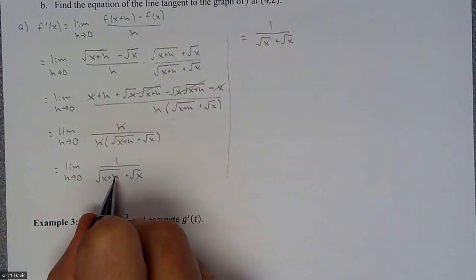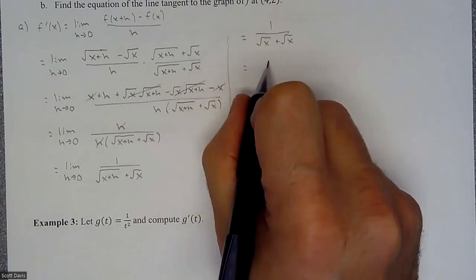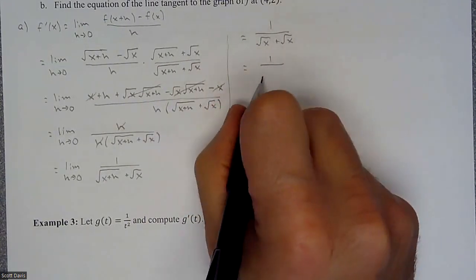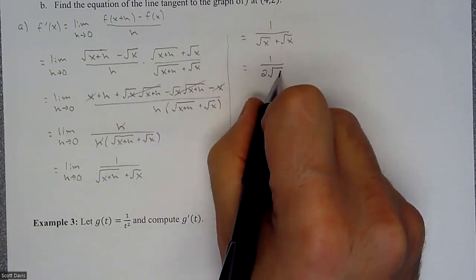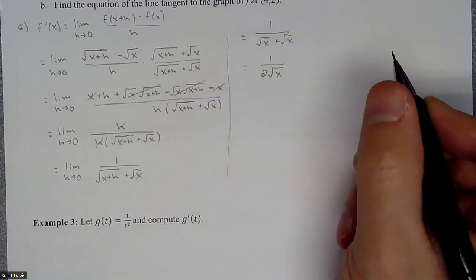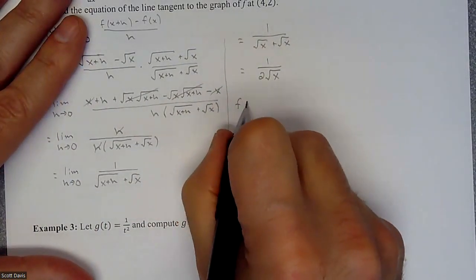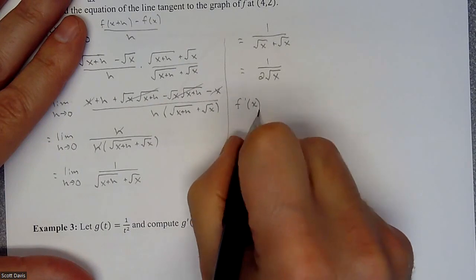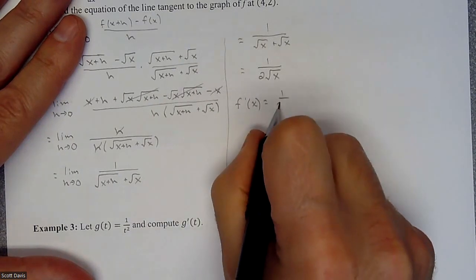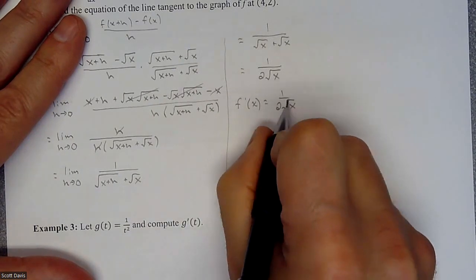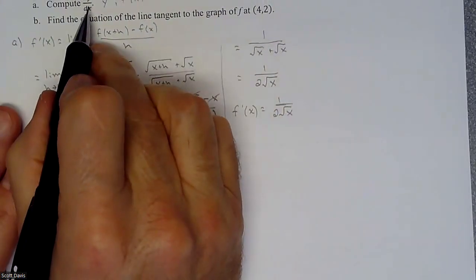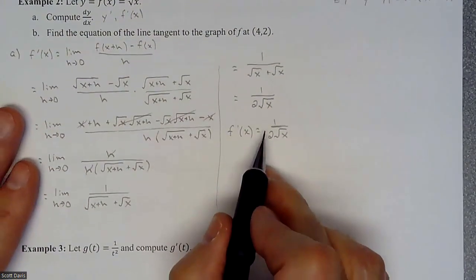That h goes away. We're left with that, which becomes 1 over, we can combine our like terms, 2 square roots of x. And that is our slope equation. And that was what we were looking to find. We wanted to find our slope equation, and that is that. Perfect.